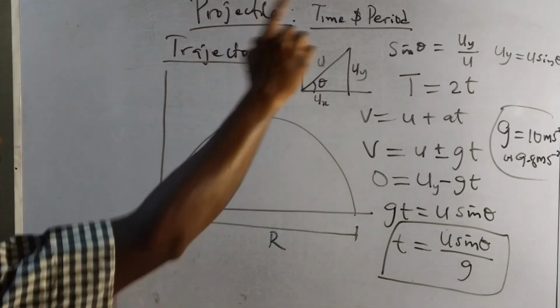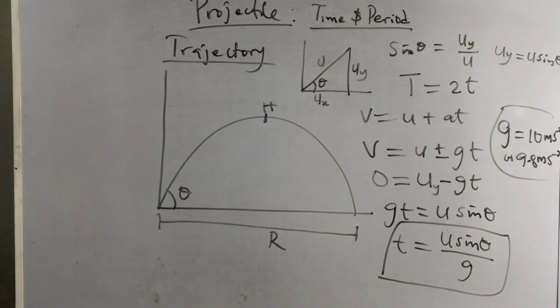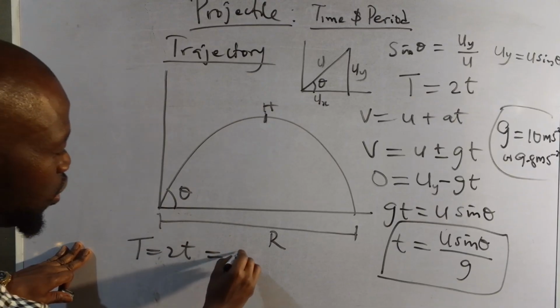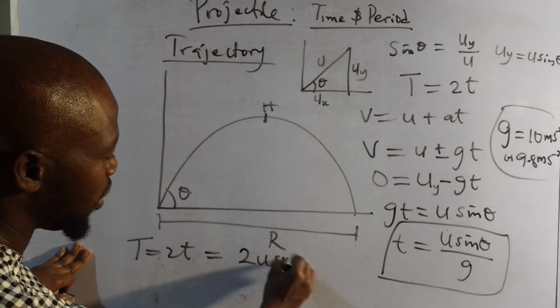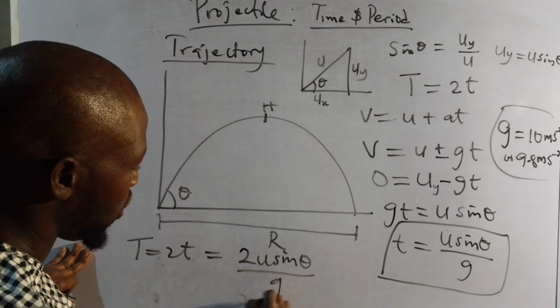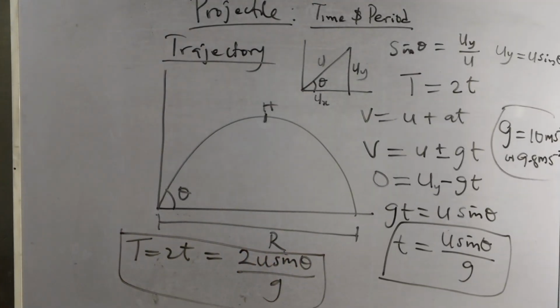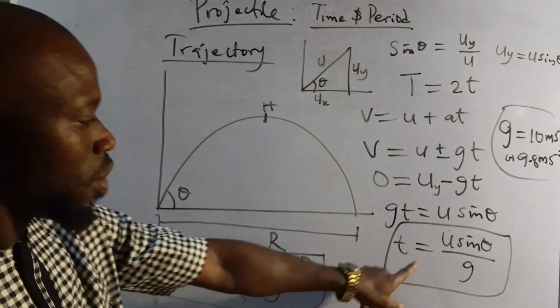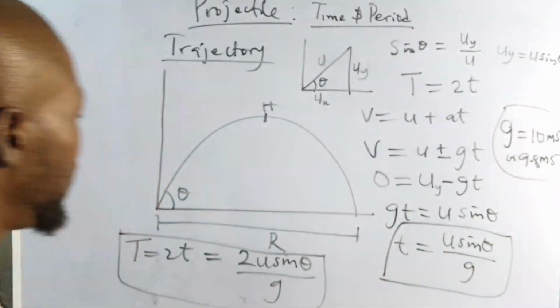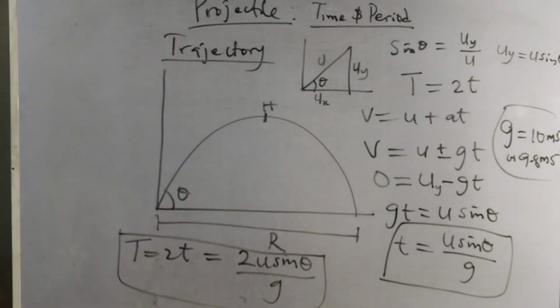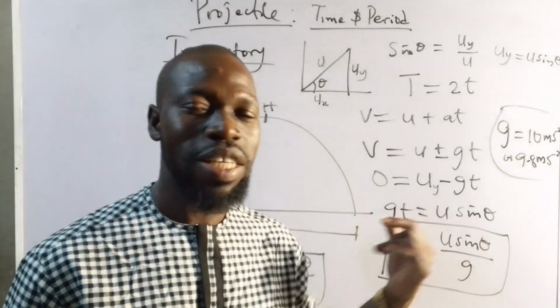So our period, or the total time of flight, is given as T, which is 2 times small t, which is 2u sine theta over g. So don't forget this. Time to reach maximum height is t, u sine theta over g. The time to complete the projectile is twice the time to reach maximum height, which is 2u sine theta over g.